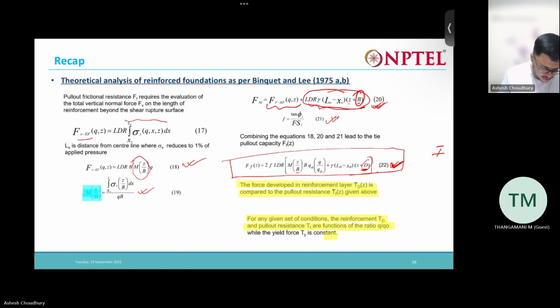I will just see if I can get... Okay, anyways, I think that D is nothing but this depth of footing.